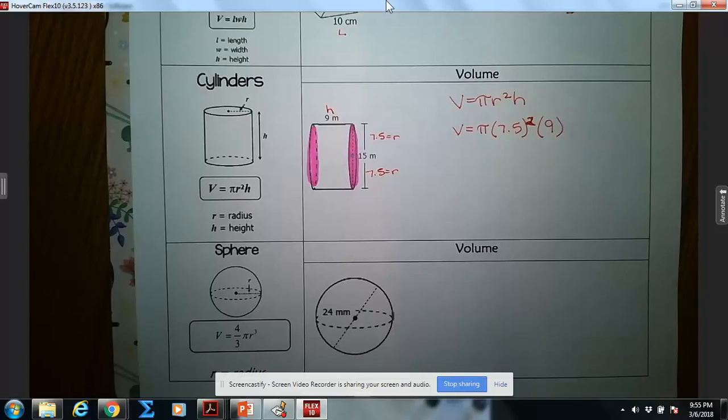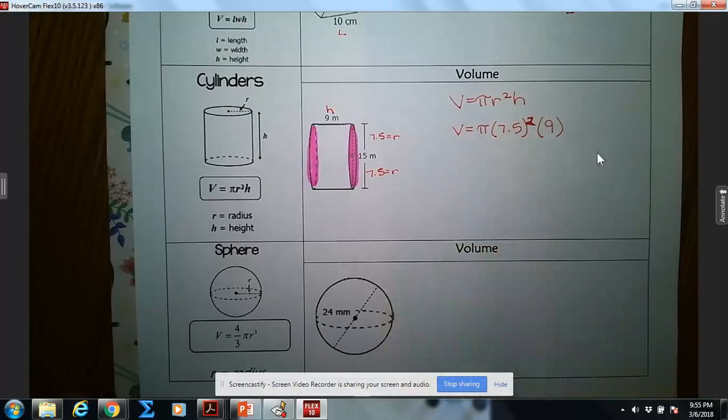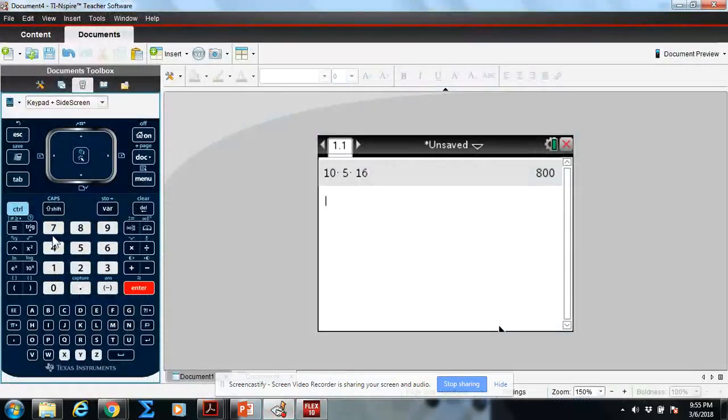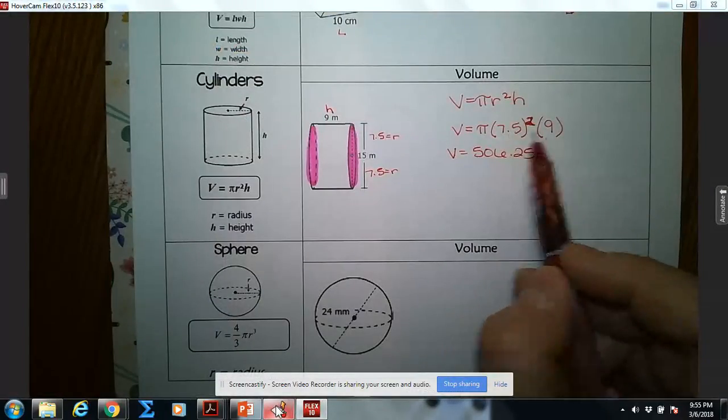To find the exact volume, I'm not going to include pi in my calculation. 7.5 squared times 9 is 506.25.